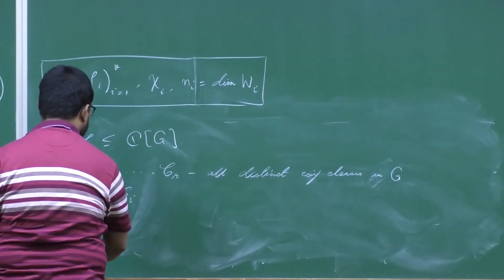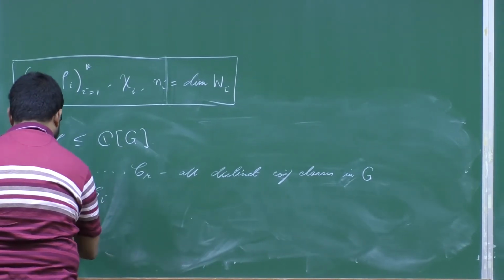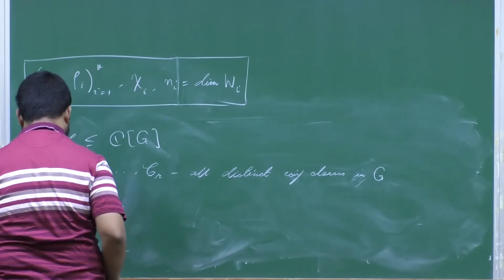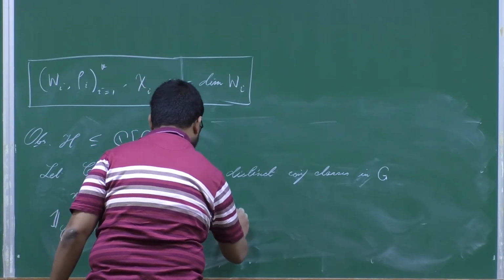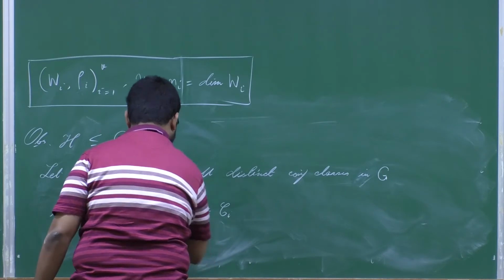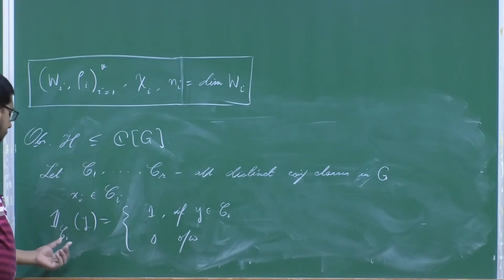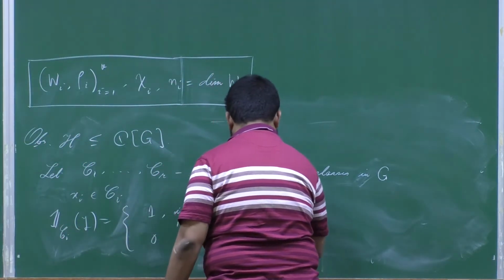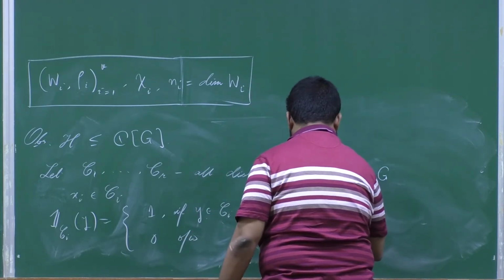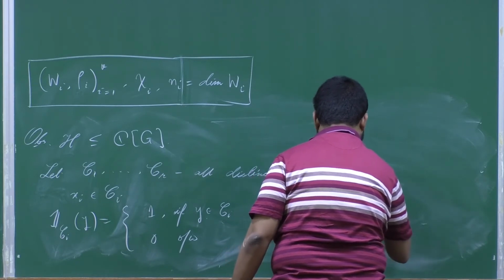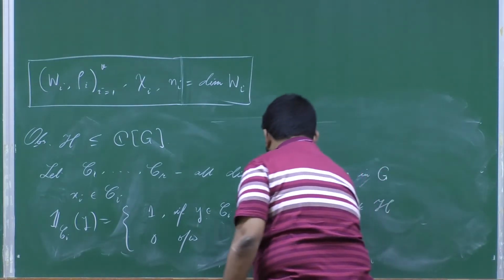Corresponding to each conjugacy class, we define this indicator function, the function that takes the value 1 if y is in Ci, and 0 otherwise. By its very definition, each of these is in H.